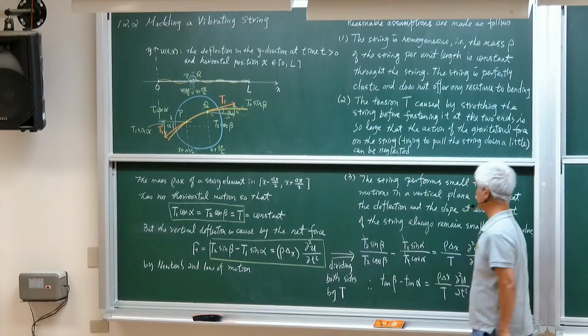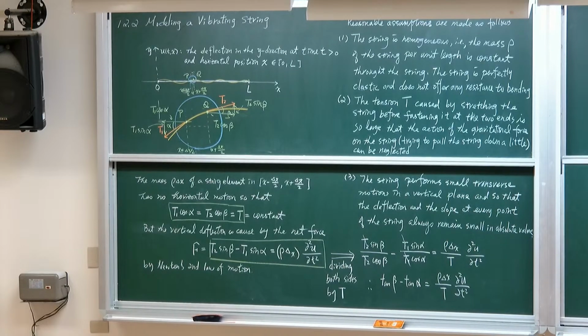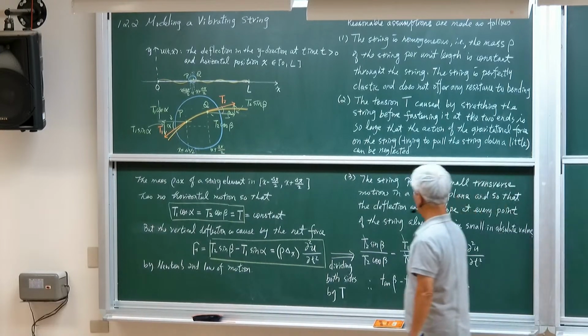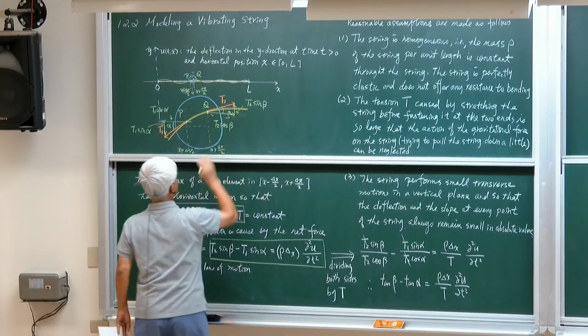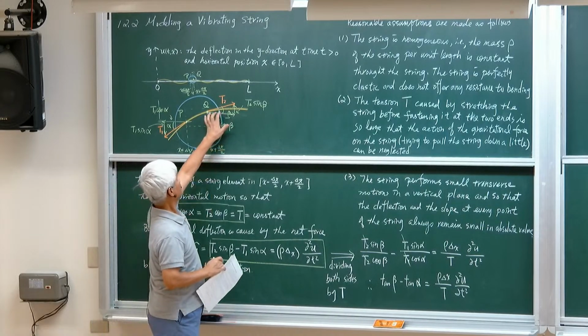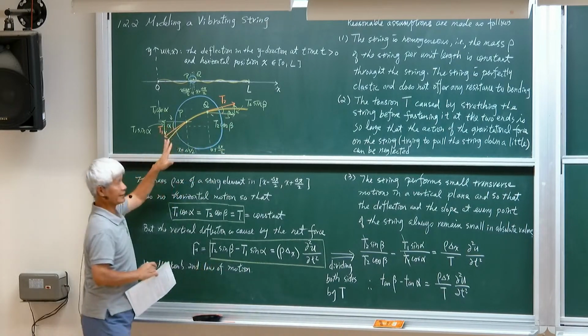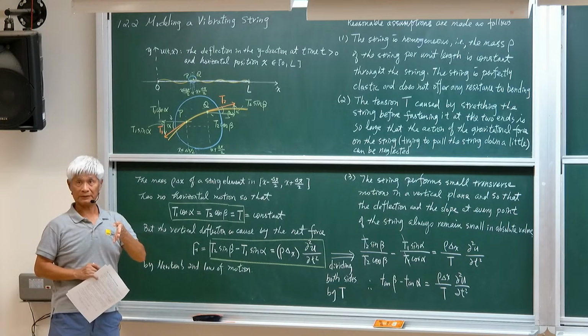Okay, right, any questions? Now, tangent beta and tangent alpha are actually the slopes, right?